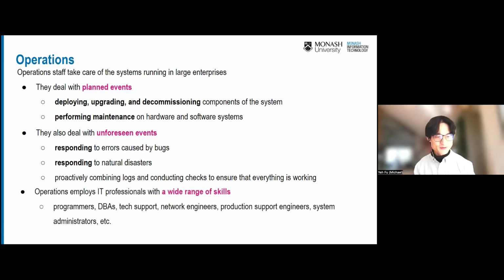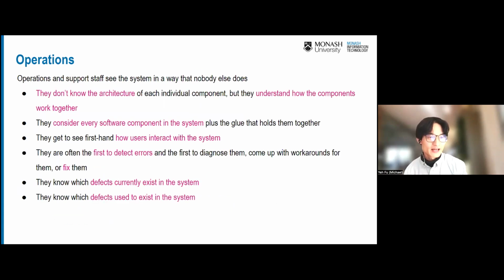And the operations team needs to employ IT professionals with a wide range of skills, because there is so much stuff to take care of. You want to maintain the code, you want to read others' code, and you want to deploy and upgrade the systems. So you hire people with a wide range of skills so it can work. Operations and support staff actually see the system in a way that nobody else does. What does this mean? They don't know the architecture of each individual component, but they understand how these components work together.